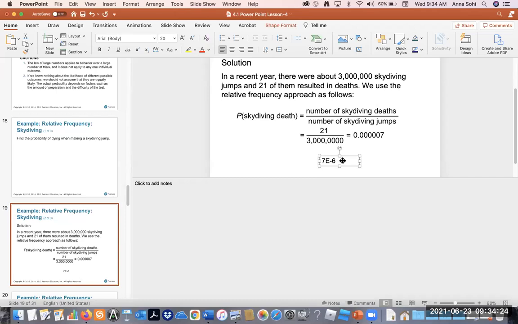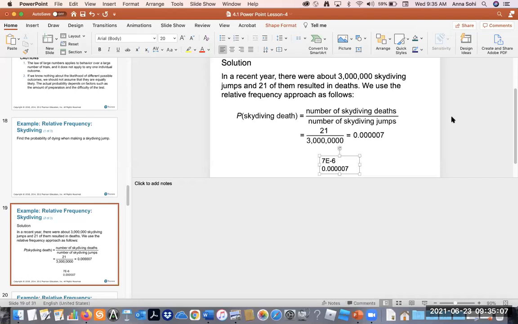So that would be a decimal, then 5 zeros, because this is to power negative 6, and a 7. And that's the same thing you have here. So 7 times 10 to power negative 6 means imagine that this decimal is after 7, and then you go backward 6 places. When you go backward 6 places, you're going to have 5 zeros and then you drop the dot there. So 5 zeros and then a 7.